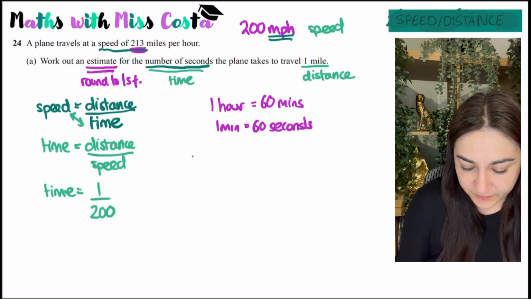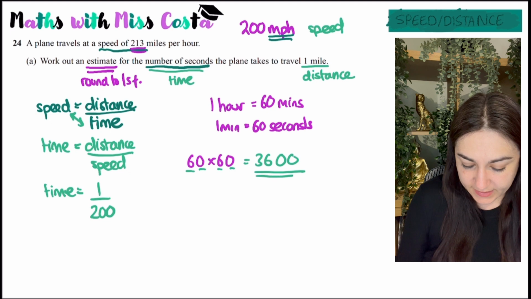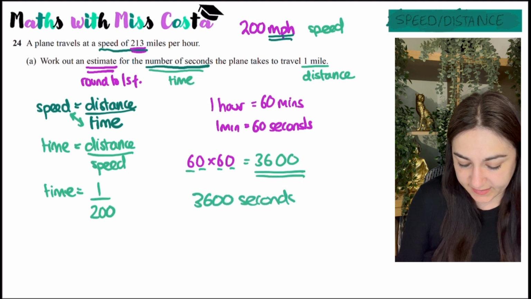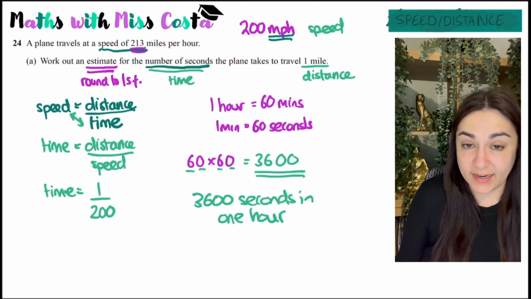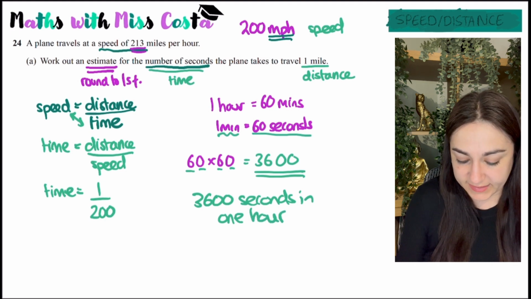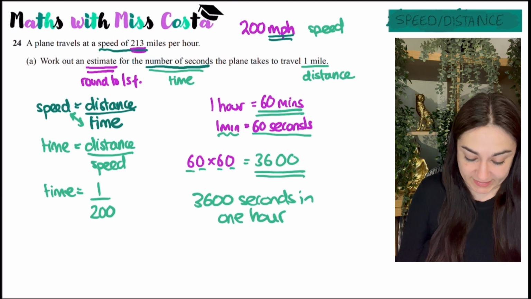So I'd do 60 times 60, 6 times 6 is 36, and add on the 2 zeros. So there are 3,600 seconds in 1 hour. So you might know this already. If not, you know that in each minute there are 60 seconds and there are 60 minutes in an hour. So you do 60 times 60.